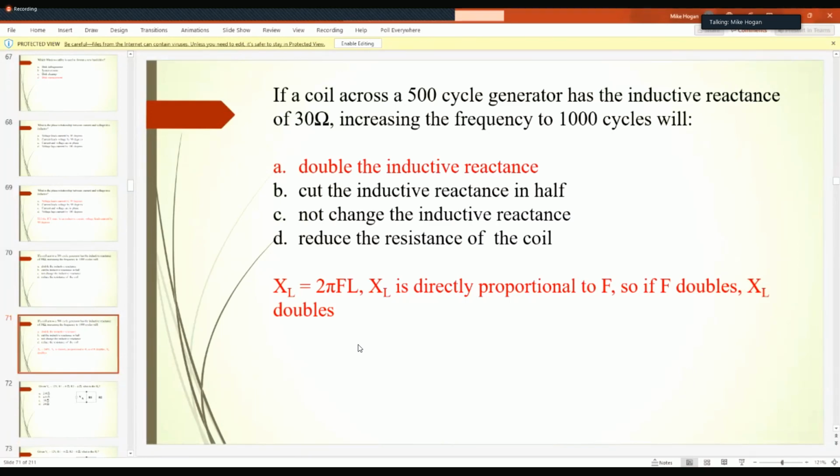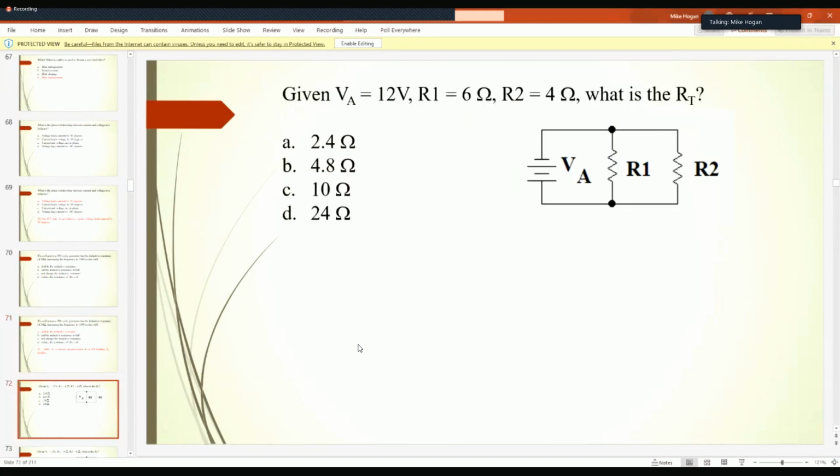All right, let's do 2 more. Given the voltage applied is 12 volts, R1 is 6 ohms, R2 is 4 ohms. What is R total? C. Okay, so 10, if we were in a series circuit, that'd be right, because you just add those resistors together in a series circuit.